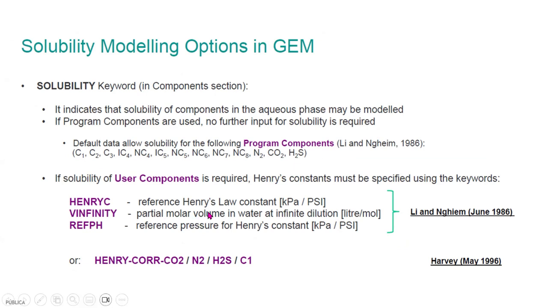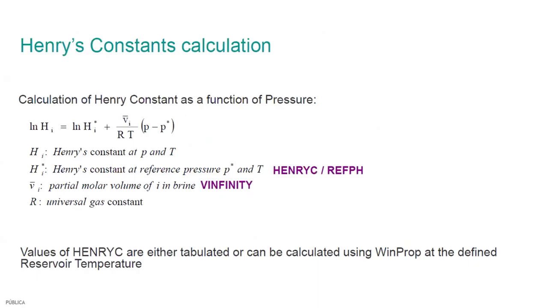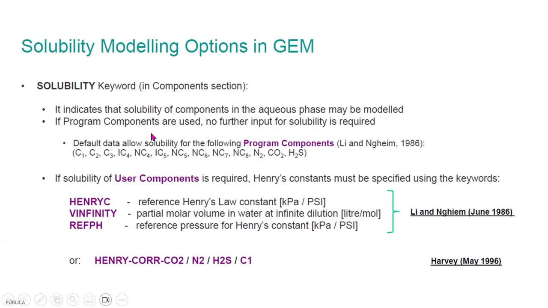The second is the partial molar volume, and the third is a reference pressure. It's just a pressure because you need to calibrate for a pressure, and you can correct to another pressure using this calculation. The exported constant is valid for this pressure, but pressure is a very important variable in our simulations, because pressure is our operational variable for a recovery project or for a storage project.